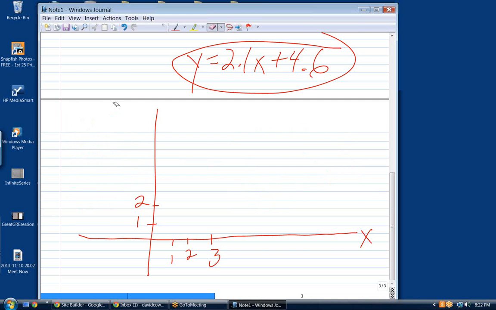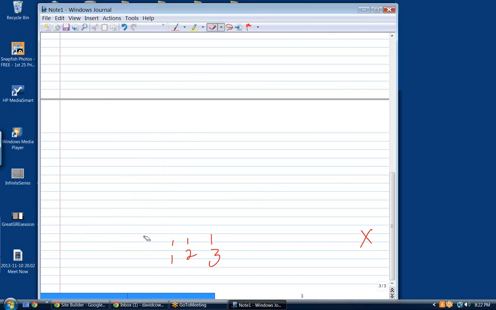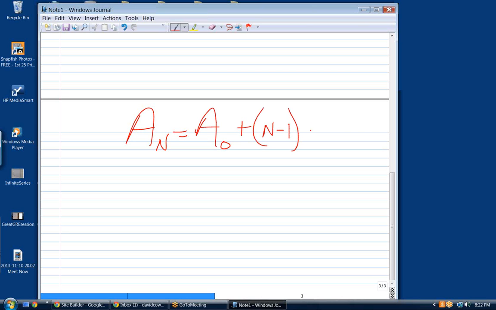Let's talk about arithmetic sequences. Is this like recursive and explicit formulas? Uh-huh. Okay, because I have trouble with these. Here is the explicit formula for an arithmetic sequence.